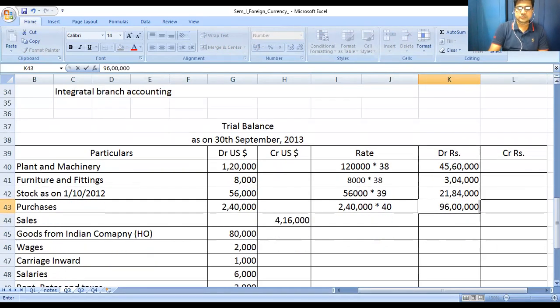Next is sales. Which rate do we have to apply for sales? Average rate. Right, average rate. 4,16,000 into the average rate in our problem, which is 40.